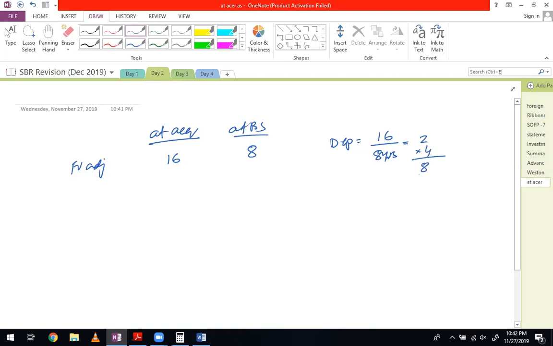For 4 years, the depreciation is 8. And the net book value will be 16 minus 8 to be 8. This is what we have got from over here. Now the deferred tax is simply 25% of these values. So the deferred tax was originally 4, but now it's only 2. So we added 8 in the PPE and 2 in the deferred tax. Getting this?